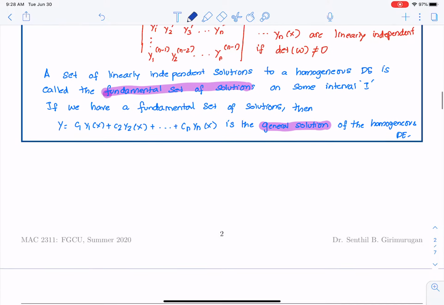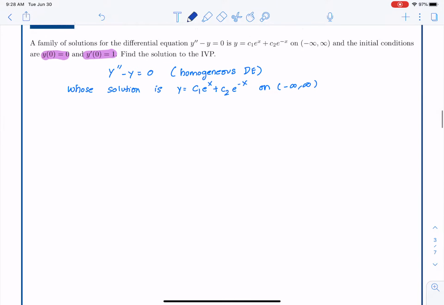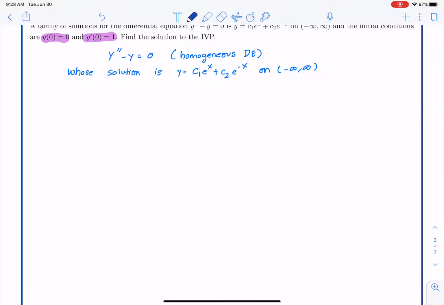Sorry about that. So here we have a solution to the IVP, and we have two initial conditions, one on the solution itself, which is y of 0 equals 0, and the other is on the first derivative. So if we have a third derivative, then we would have an initial condition for y, an initial condition for y prime, and an initial condition for y double prime.